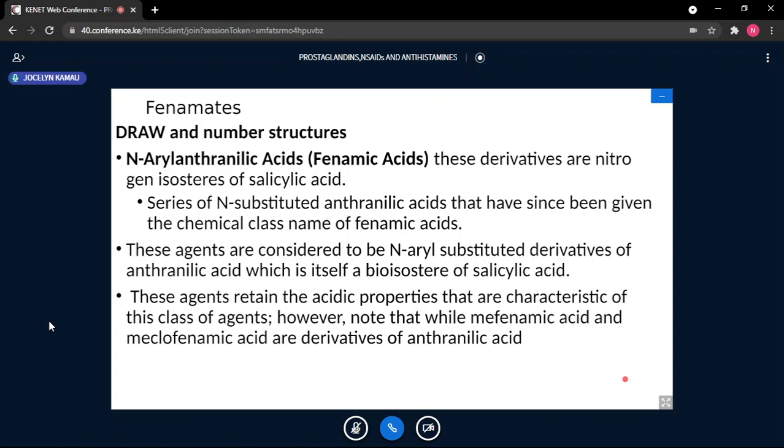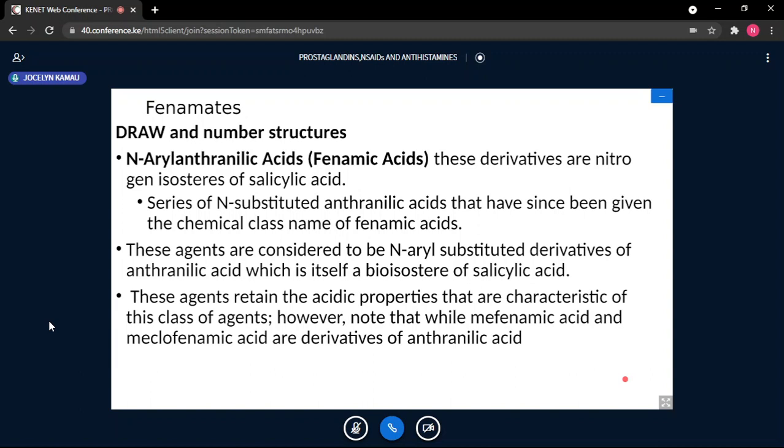Then if you look at meclofenamic acid, kindly note, this has chloro groups at 2' and 6' positions, and at position 3' you have a methyl group. That is meclofenamic acid.